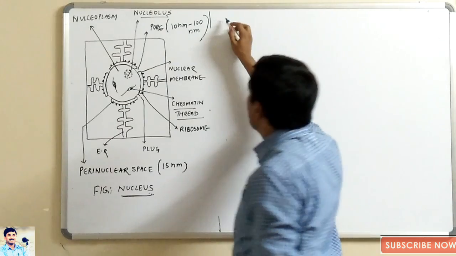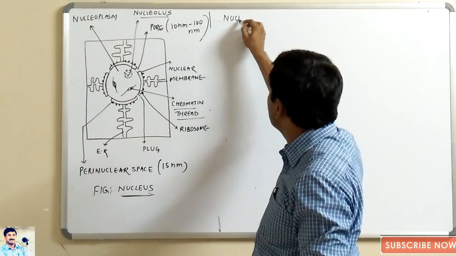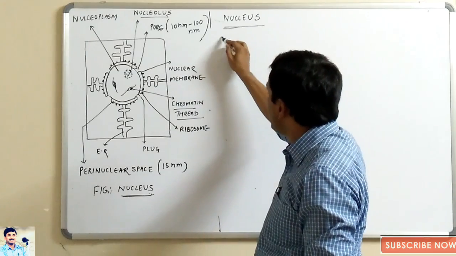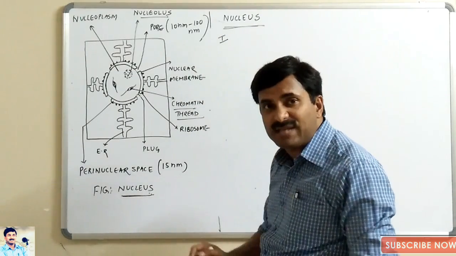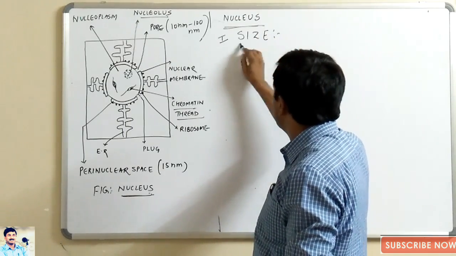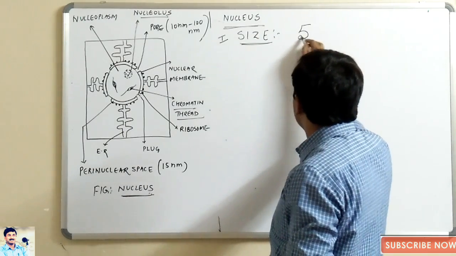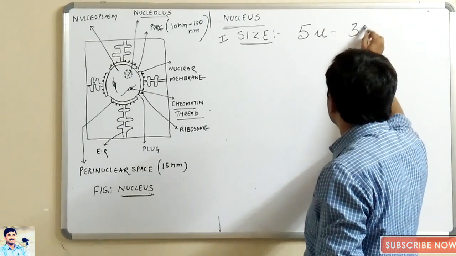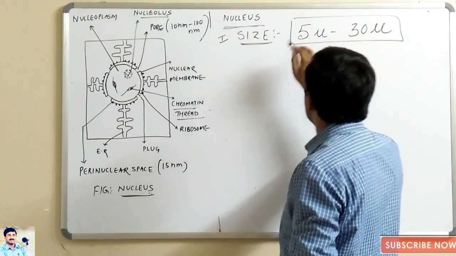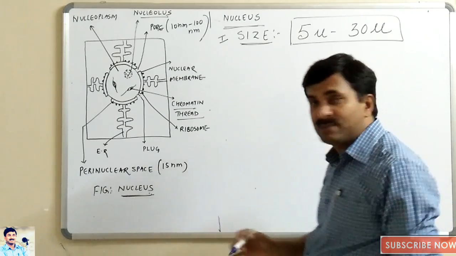So very first, the first point is the size of the nucleus. The size of the nucleus varies from 5 micron to 30 micron.